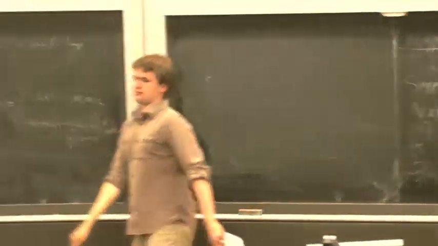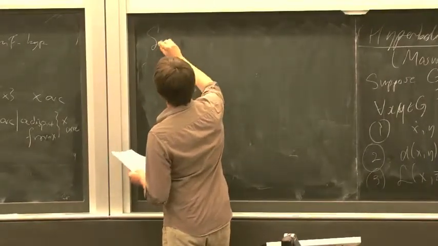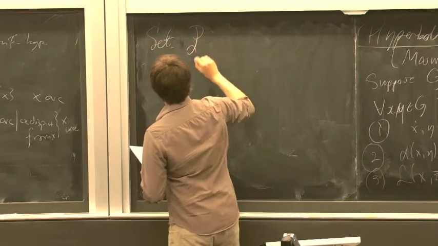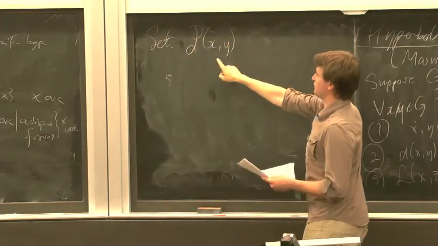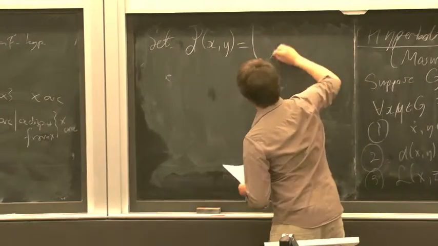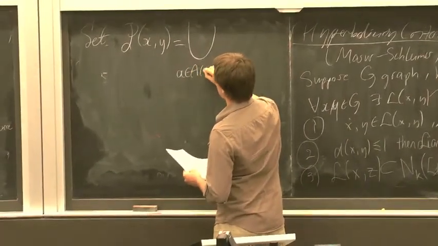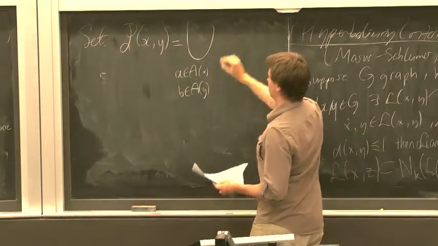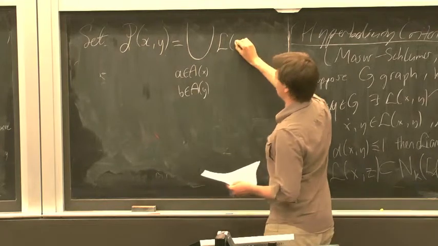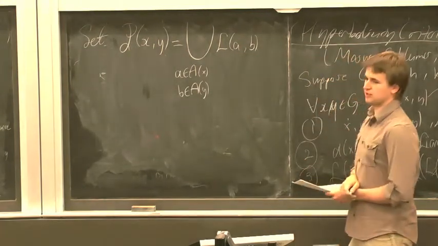It's all arcs. So curly P of x y is going to be the union, for A in A of x and B in A of y, of all the uniform paths that you can possibly get.